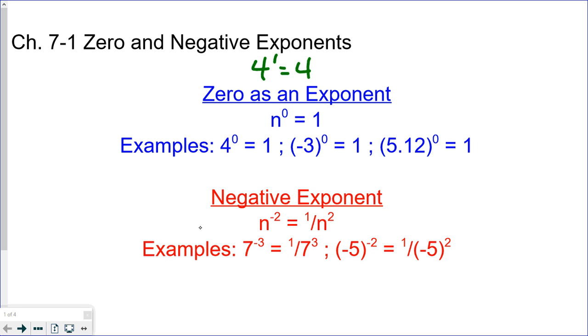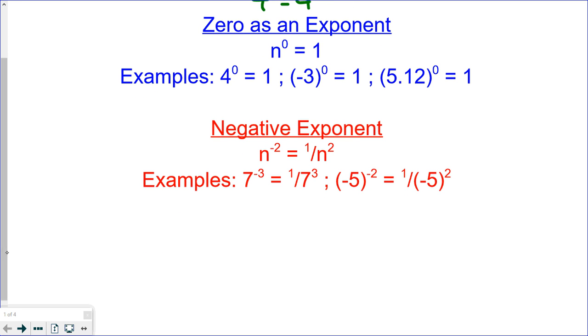And then lastly, the most important piece of this lesson is negative exponents. The way that we deal with negative exponents is to change them into positive exponents, because we know how to work with positive exponents. So to do that, all you have to do is take a power, put it under 1, and the exponent becomes positive.